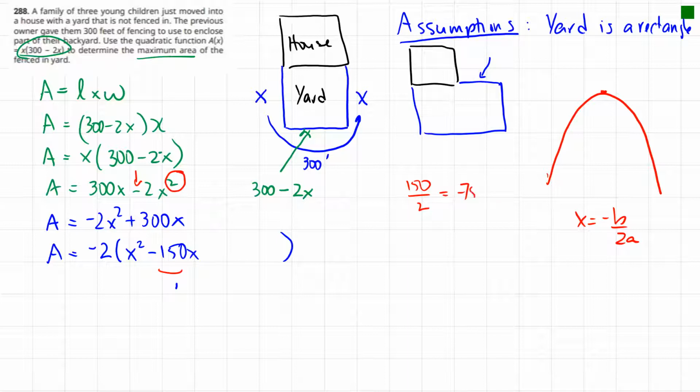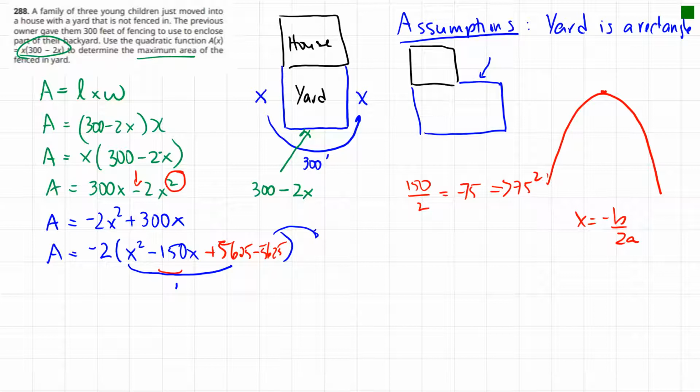So that's 75, and then I'm going to square it, and that's the number that's going to be added and subtracted. So that's plus 5,625 minus 5,625. Now when I'm going to factor, I only need the first 3 terms to factor, and this one gets kicked out of the bracket.